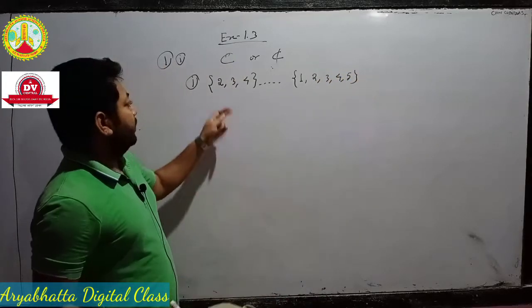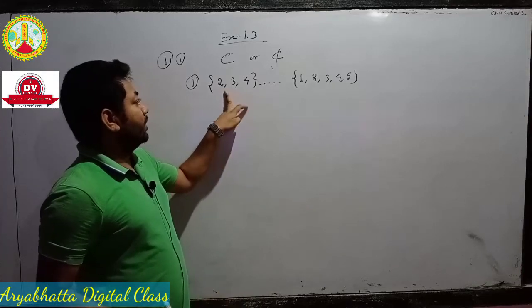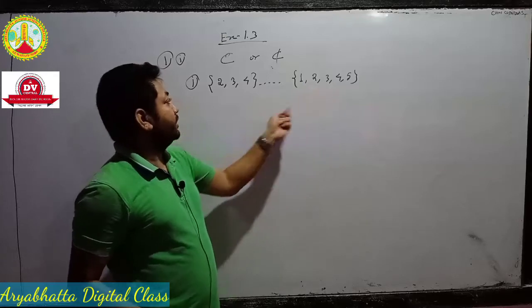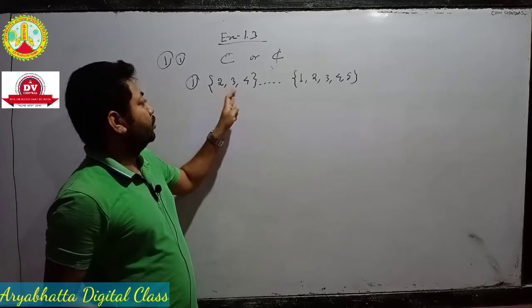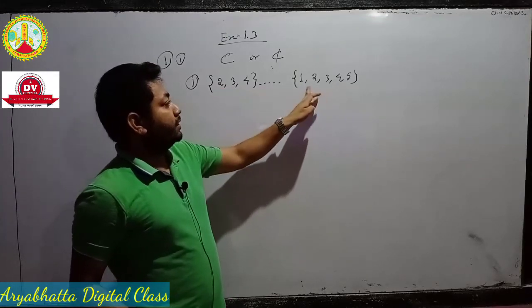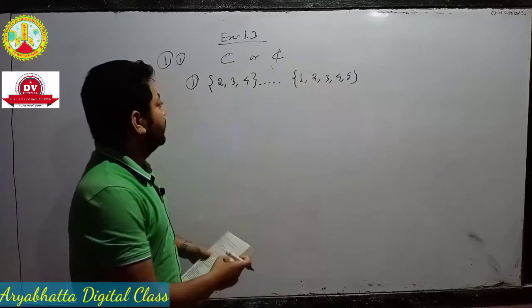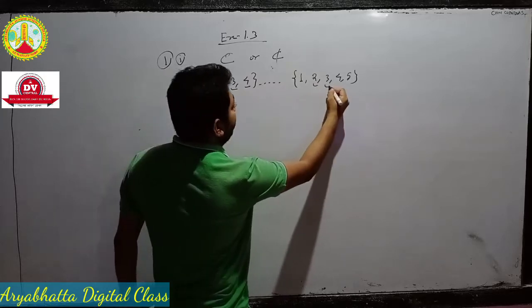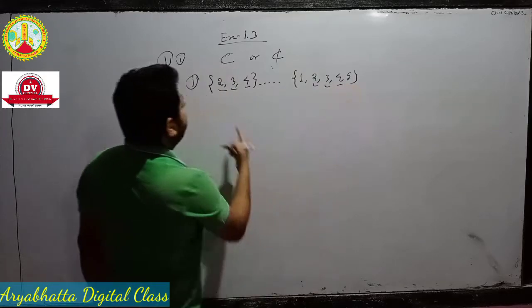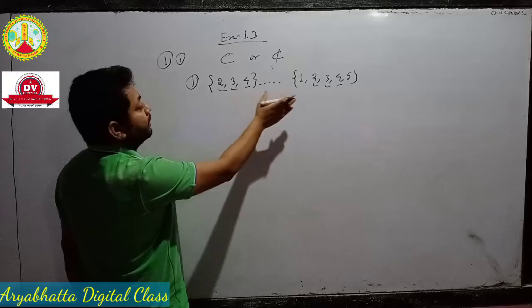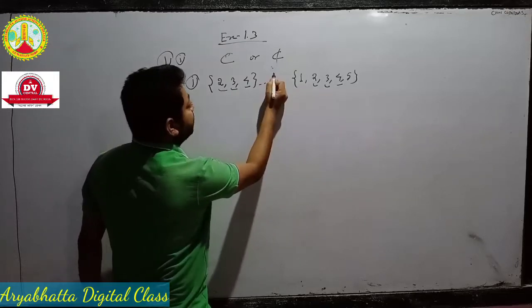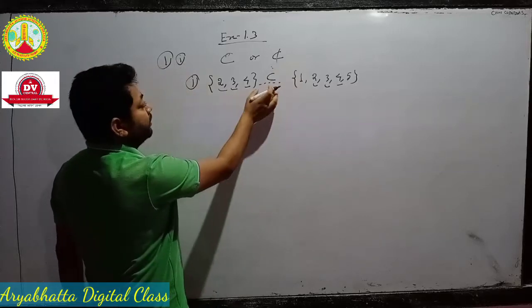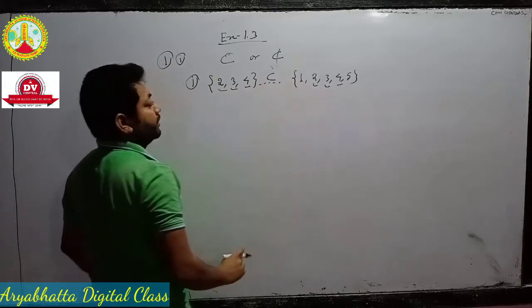Here every element of the first set is also an element of the second set. Therefore the first set is a proper subset of the second set.